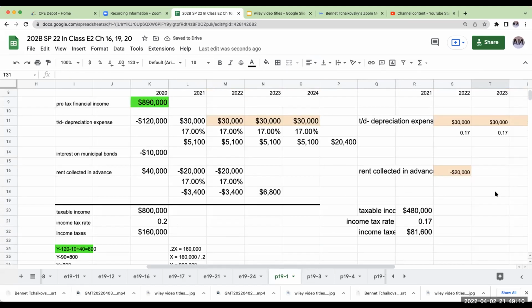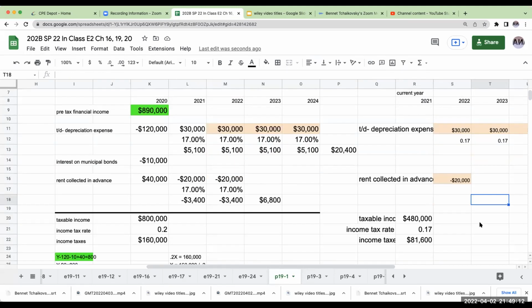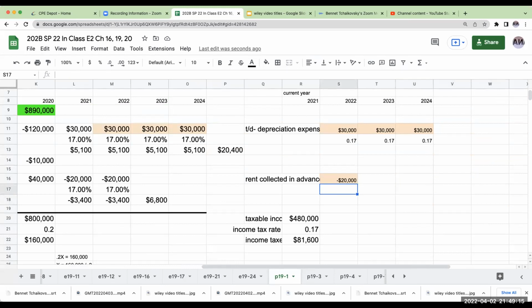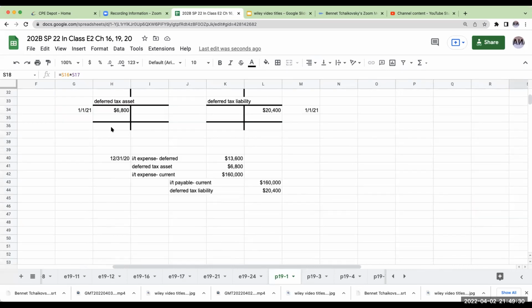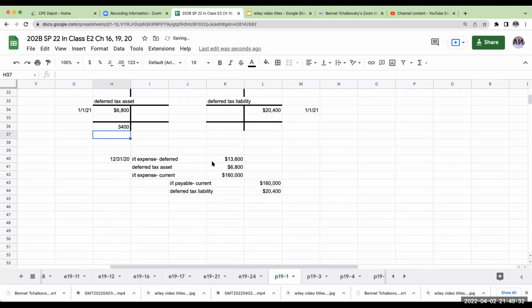Now what I need to figure out is, what are my deferred tax assets remaining and what are my deferred tax liabilities? Well, my deferred tax asset, I had 6,800 before, but my ending balance now is going to be 3,400.